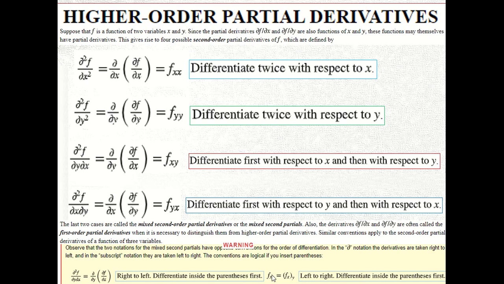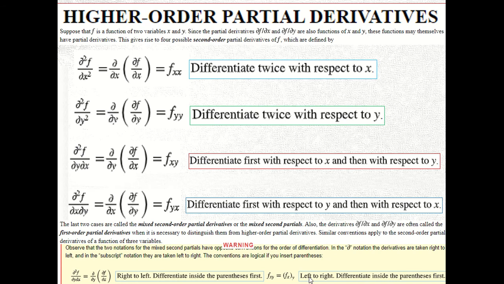Then here, f sub xy. So this would be something like this. You have to differentiate from left to right. Differentiate first what is inside the parenthesis, which is f sub x.